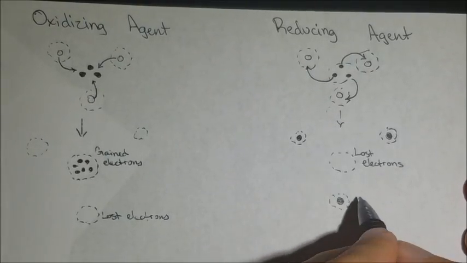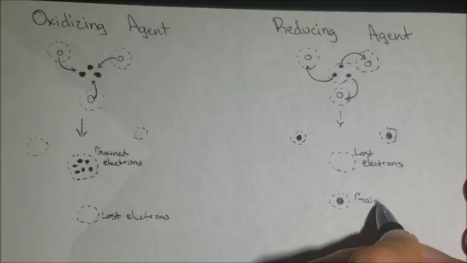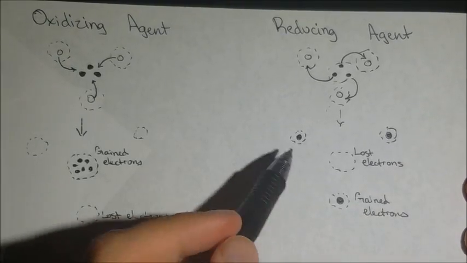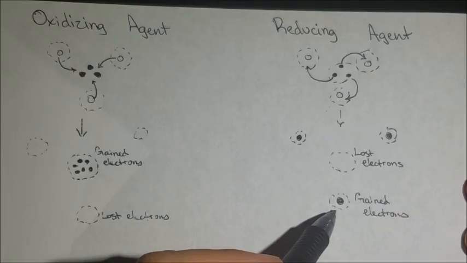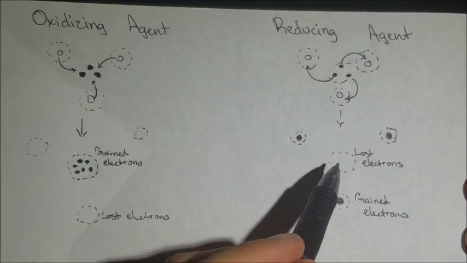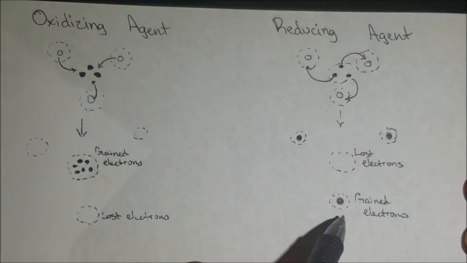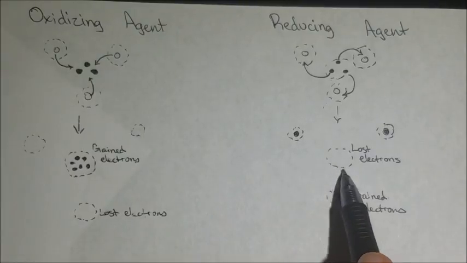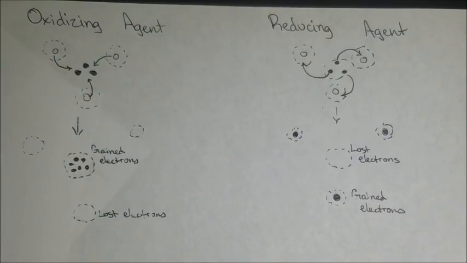So the surrounding atoms have gained electrons. So the surrounding atoms have been reduced, and they were reduced by the reducing agent. So it's the reducing agent that does the reduction on the surrounding atoms, and so by doing so, it had to give up electrons, and by giving up electrons, it itself, the reducing agent, is being oxidized.